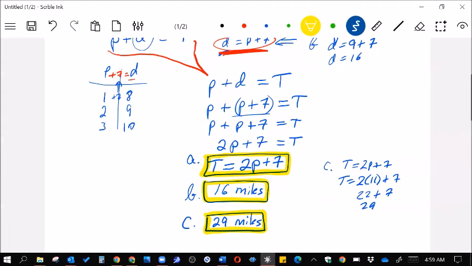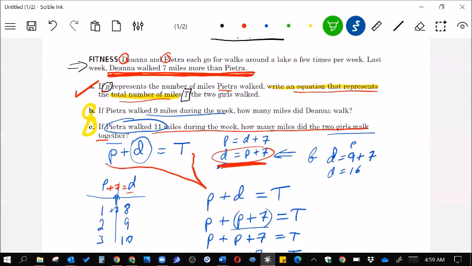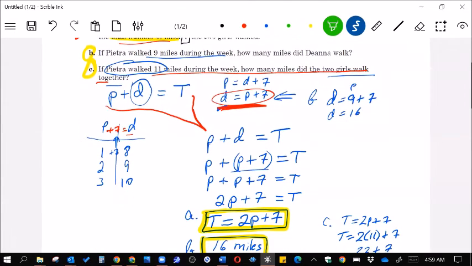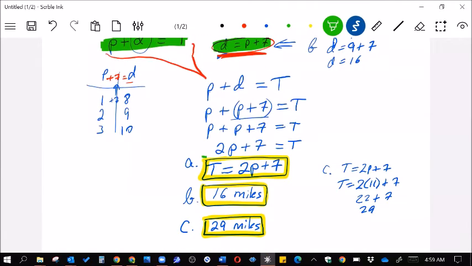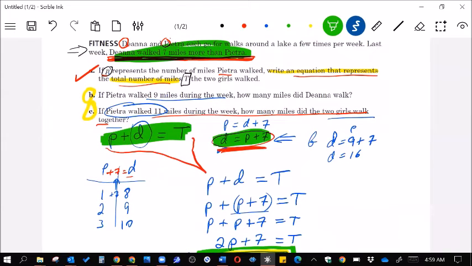So what this problem shows is that you can take information like that and make an equation from some part of it, or actually usually you can make two equations, and then sometimes you can combine them to make a different equation. All it really is is taking the information that's given to you.